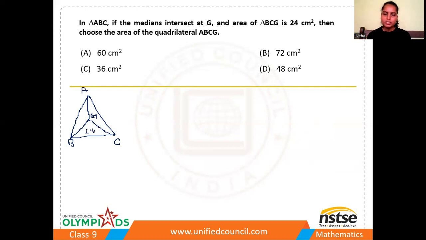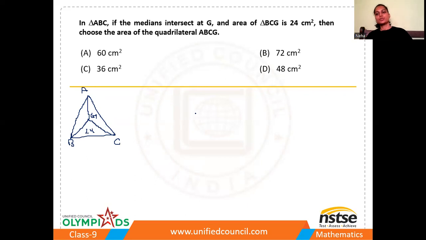So this question is very simple, students, because if these are medians, and G is the point of concurrence of medians, then I can easily say that the area of BGC is equal to the area of ABG, and it is equal to the area of ACG.